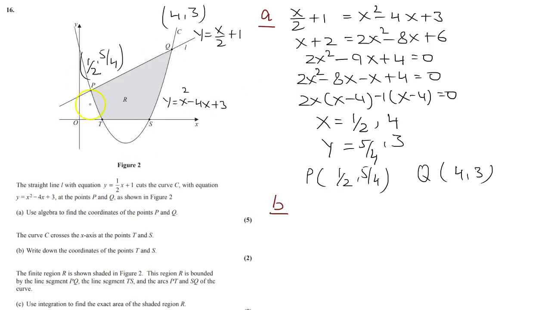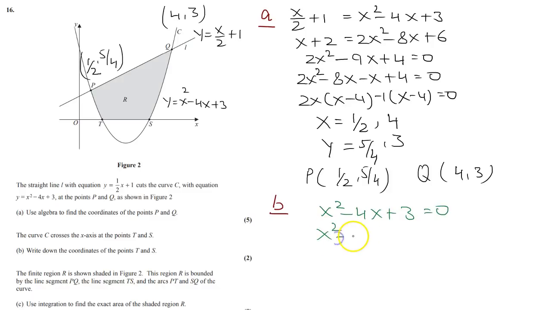Write the coordinates of T and S. So for T and S, y is 0. So x² − 4x + 3 is equal to 0.